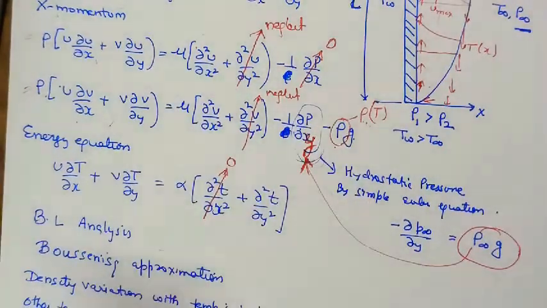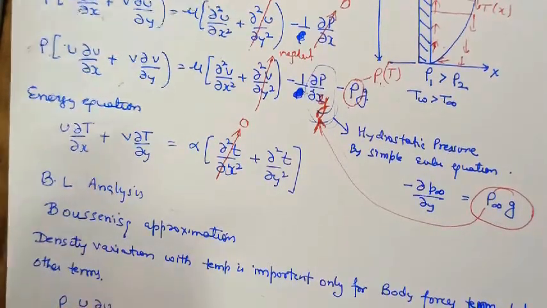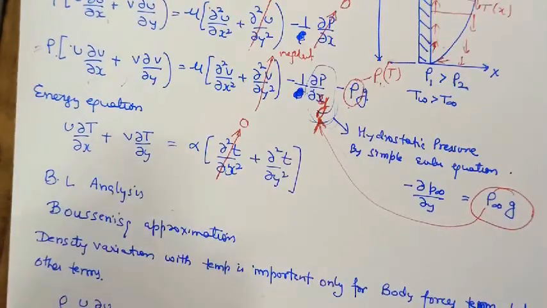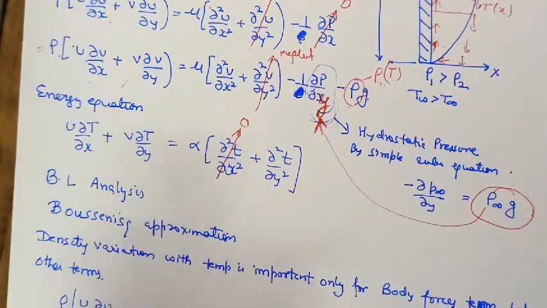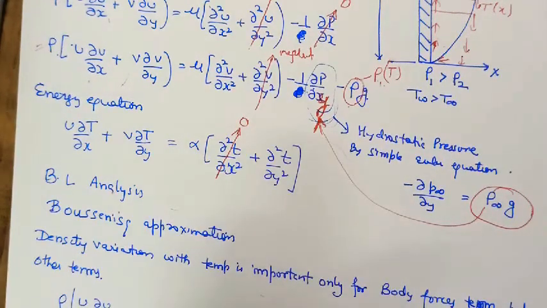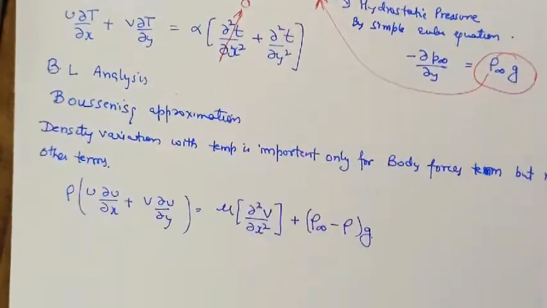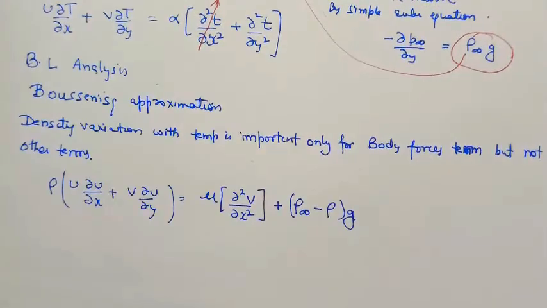And this equation now will become, it is rho u du by dx plus v dv by dy is equal to mu d square v by dx square. It will be rho minus rho infinity into g. Right?